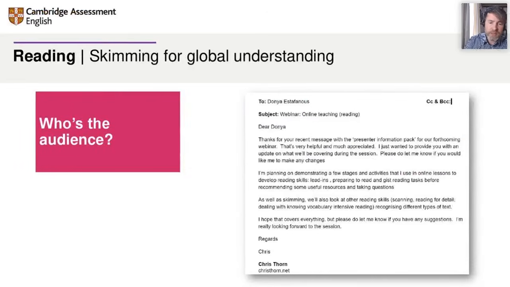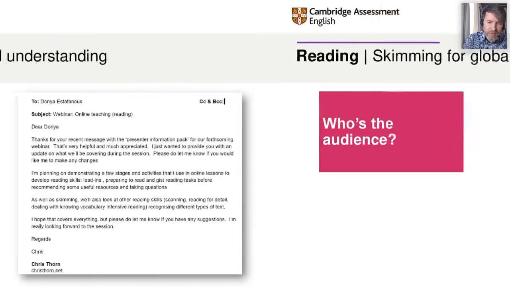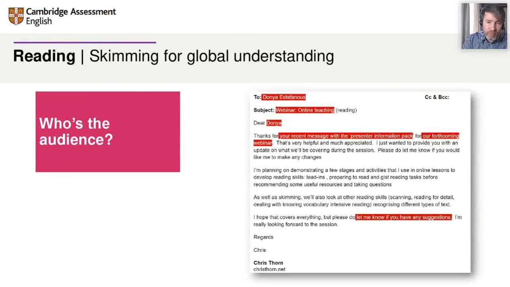And who's the audience? Yeah, it's Donia. It's someone who, amongst other things, organizes webinars. But how do we know that? Well, we can get that information from these highlighted areas of the text.